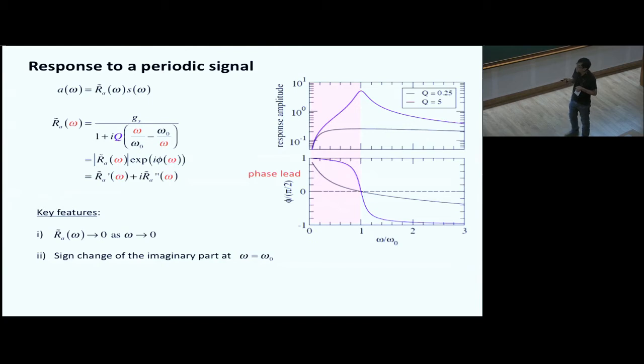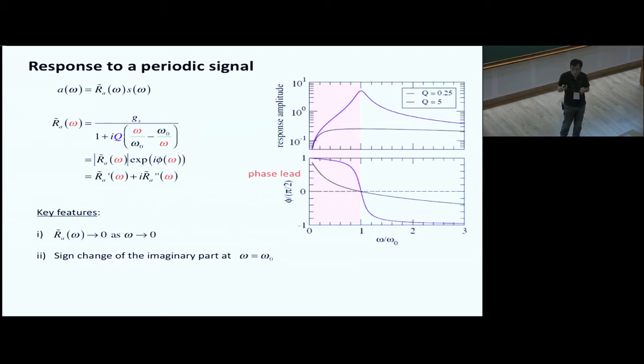On the other hand, for omega less than omega 0, you have the opposite happening. The imaginary part of the response function in frequency becomes negative. And what that means is if you write this complex number in terms of amplitude and phase, then the phase becomes positive for omega less than omega 0 in this shaded area.